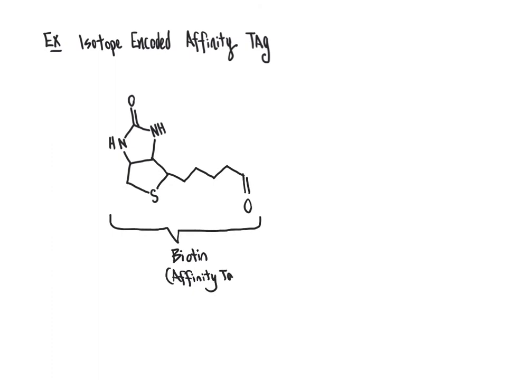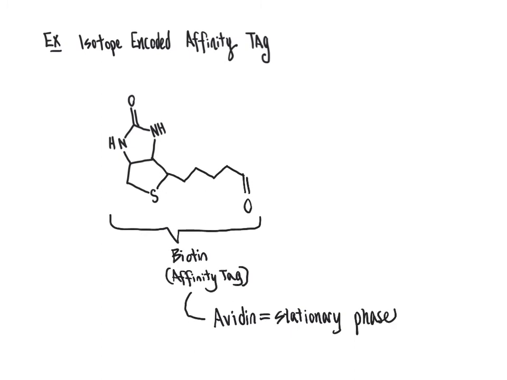Biotin is commonly used as an affinity tag because the biotin will strongly interact with and adsorb, it will strongly bind with the avidin as the stationary phase when we do chromatography with this. Stationary phase is the packing material of the chromatography column.